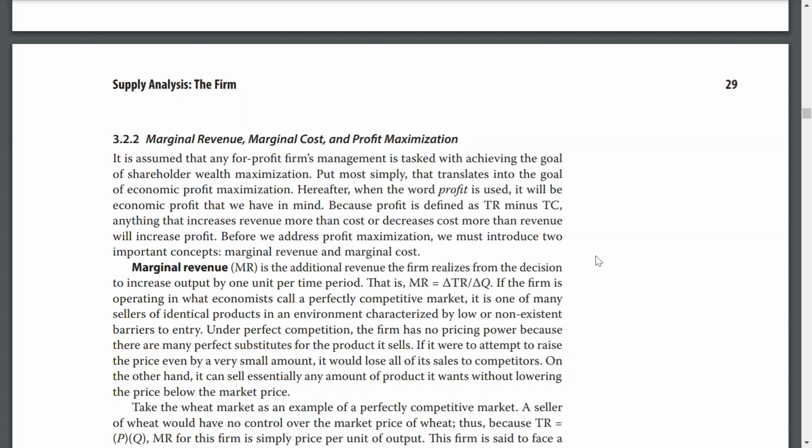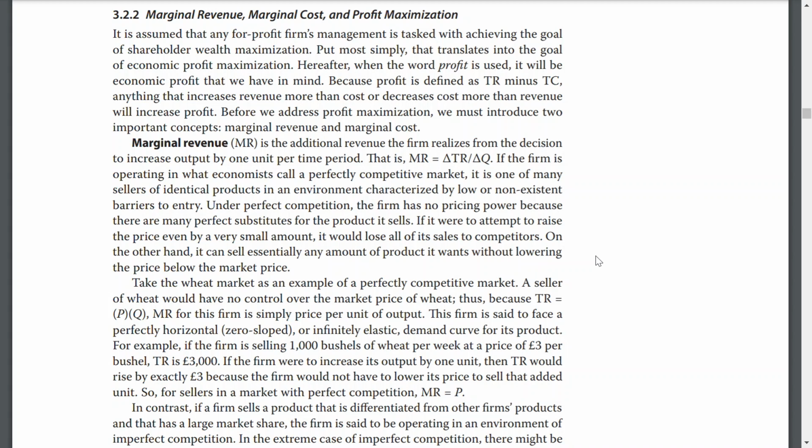If the firm is operating in what economists call a perfectly competitive market, it is one of many sellers of identical products in an environment characterized by low or non-existent barriers to entry.